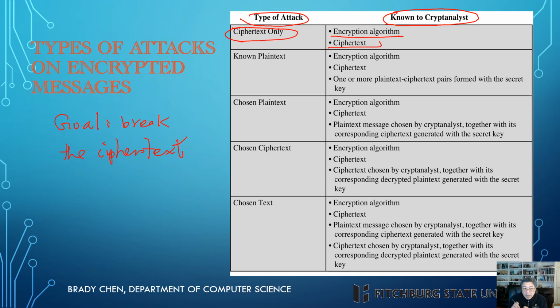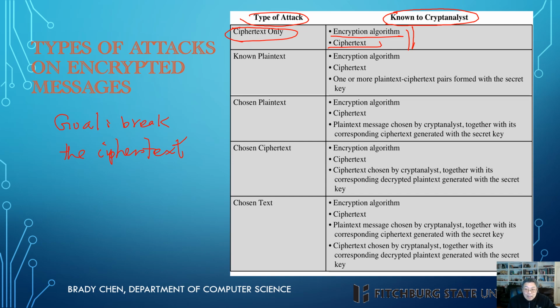Remember, the algorithm is always known. We always assume that the algorithm is known to the public. And also the ciphertext. Of course, if you want to decrypt the message, you have to have at least a sample of ciphertext. So those are the only two known pieces of information. That's the toughest one.